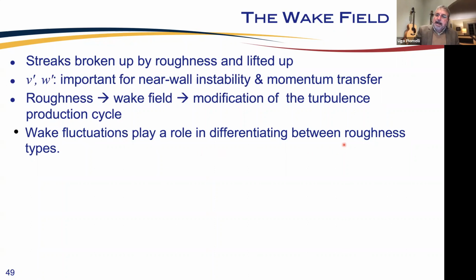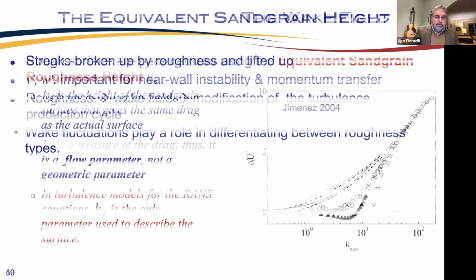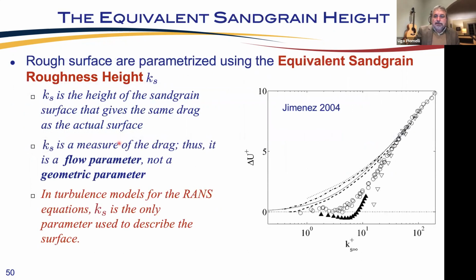So the type of roughness, sand grain, rusted turbine blades, or whatever, has different drag, and the different drag is due to the fact that the wake field is different. So in some cases, you see very vigorous ejections and sweeps. In other cases, less vigorous, and depending on that, you're going to get different drags.